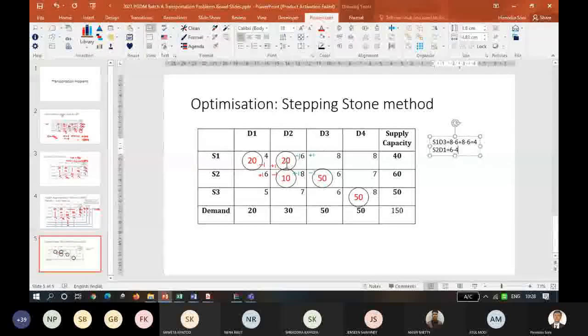And since I have added here, I will have to subtract from this cell, so my cost will reduce by 8 rupees. Correct? So what is the net effect? 6 minus 4 is 2, plus 6 is 8, 8 minus 8 is 0. So that means making an allocation in this particular cell will make no difference in the total cost element.